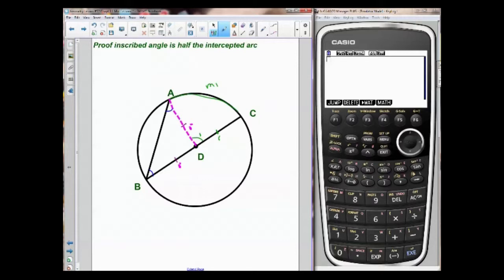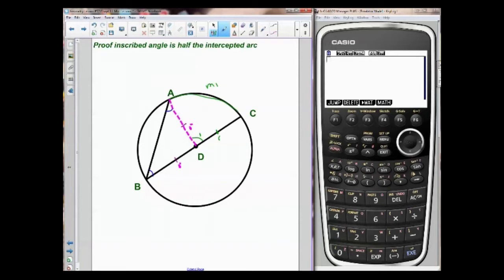Now here's the kicker from last semester. We have a triangle. Two remote interior angles are equal to its exterior angle. So this angle 1 is equal to these two added together. Very, very important. Or as they say in Spanish, muy importante. Did I get that right? Okay.